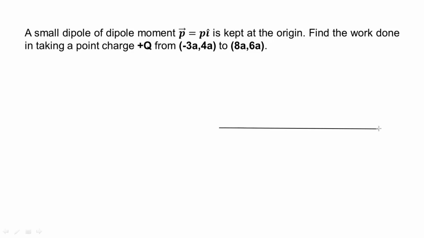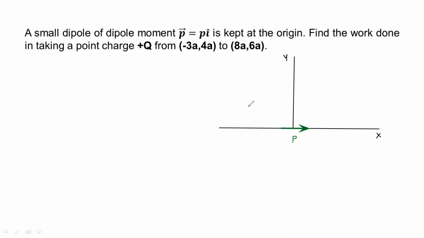Let's say this is the x-axis and this is the y-axis. This is our dipole P. Now you're supposed to take that point charge from minus 3a comma 4a.